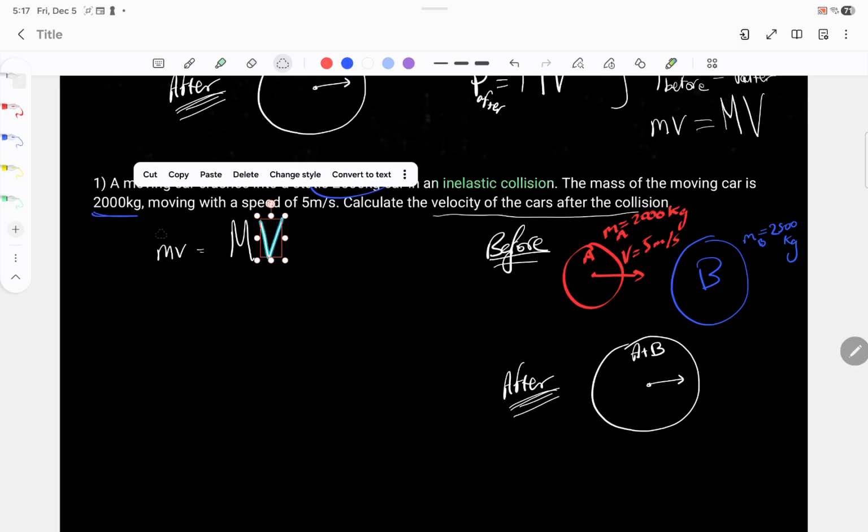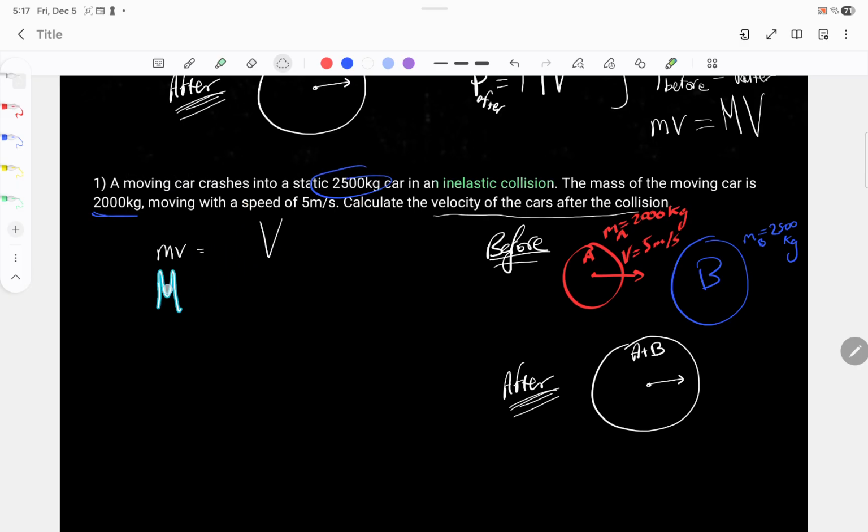Remember that everything lowercase is before, everything uppercase is after. To do so, we want to get rid of this big M. And in order to do that, we divide both sides by it. So we basically take this M to the other side, and remember, given that this is a multiplication, you can take it to the other side as such.